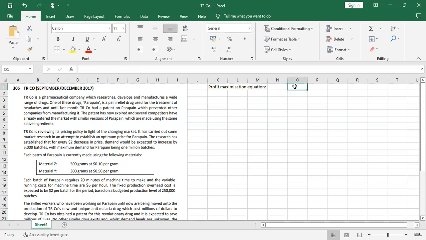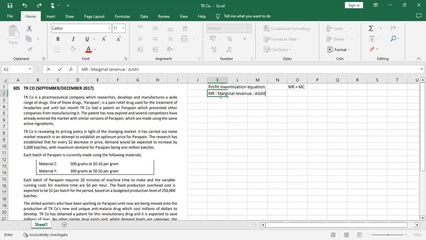The profit maximizing equation is basically MR is equal to MC. Now what does it mean? MR stands for marginal revenue. Whenever we say MR, MR means marginal revenue. What is the meaning of marginal revenue? Marginal revenue means additional revenue from the sale of one additional unit.